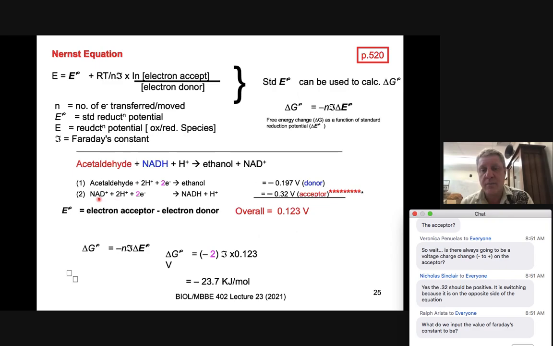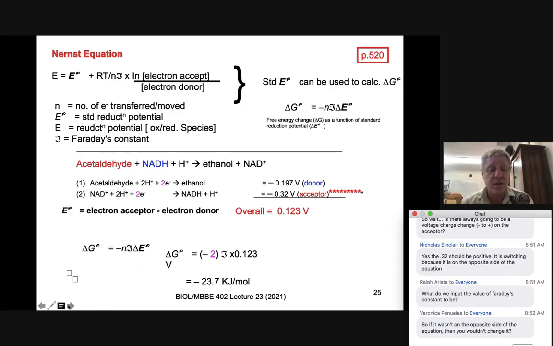So this time we're going to have this on the left-hand side. So we're not going to change this sign, but we're going to change this sign. So I think you need to be able to manipulate those. Some of those will be in the homework, and there'll most probably be something very similar on the exam, utilizing these half equations and being able to understand when you need to change the sign in the bioenergetic process.